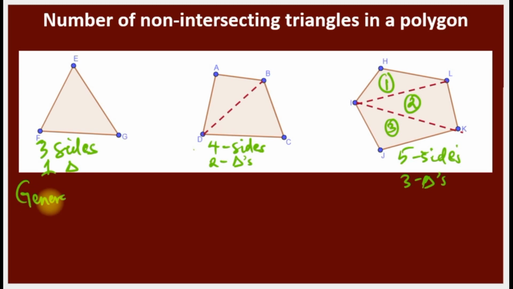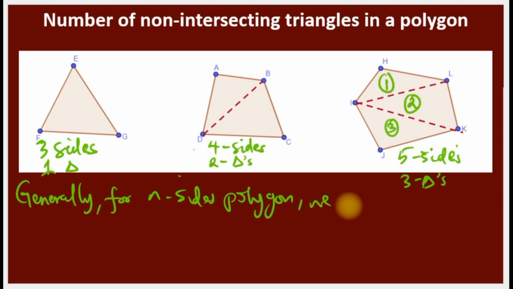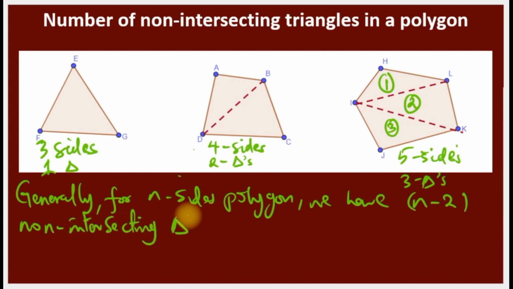Generally, for an n-sided polygon, we have n minus 2 non-intersecting triangles inside the polygon. This is a very important formula. It will help us get the sum of the interior angles of a polygon.